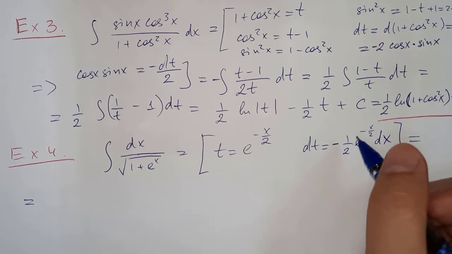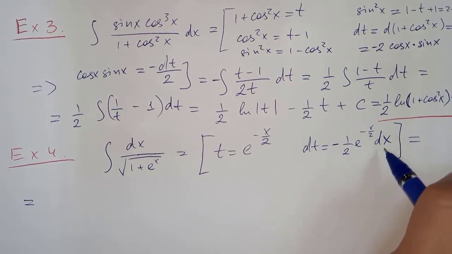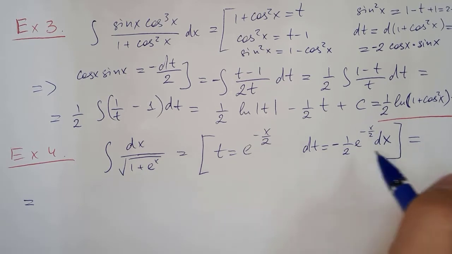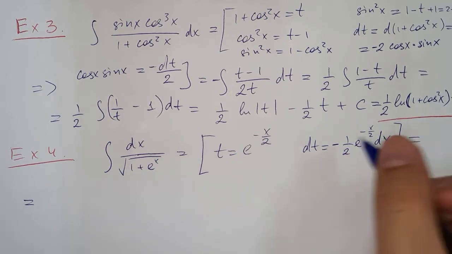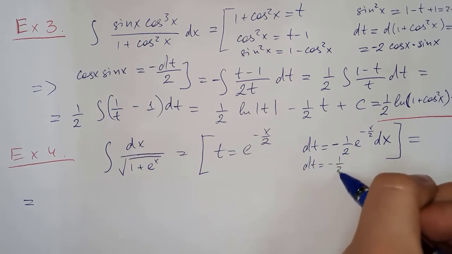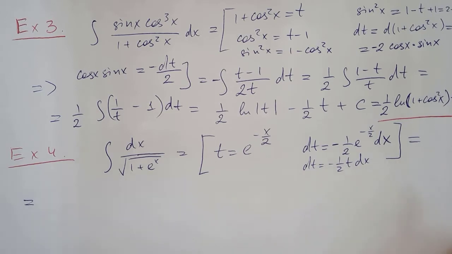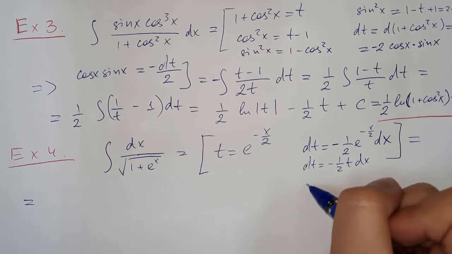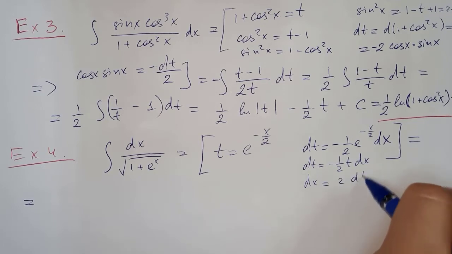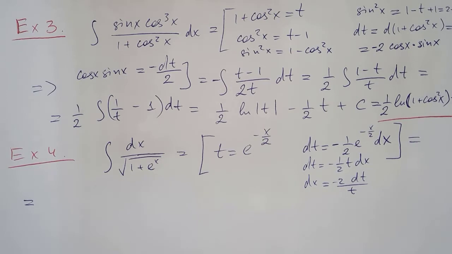However, e to the power of minus x over 2 is t, so we can write dt equals minus 1 over 2 t dx, yes? Hence dx is minus 2 dt over t.